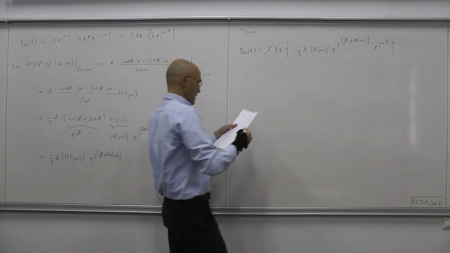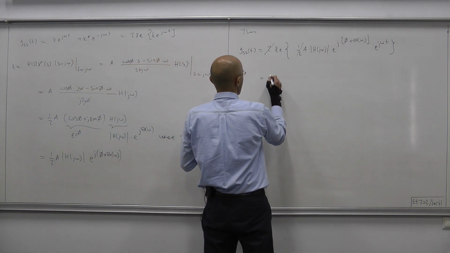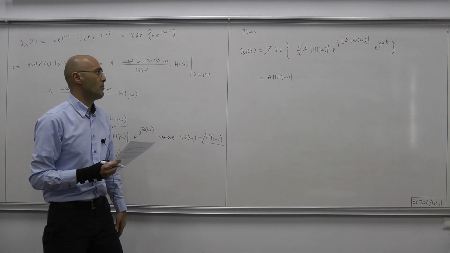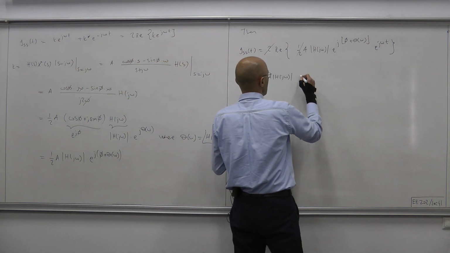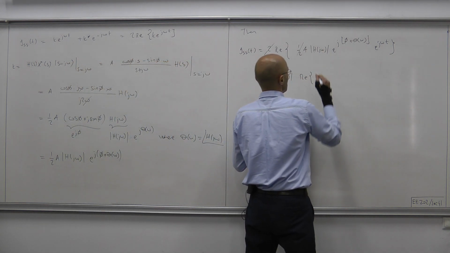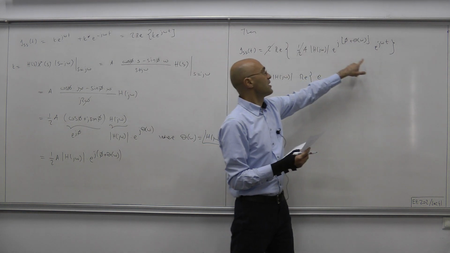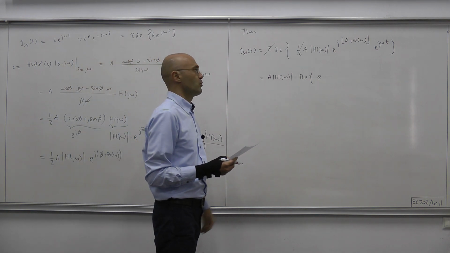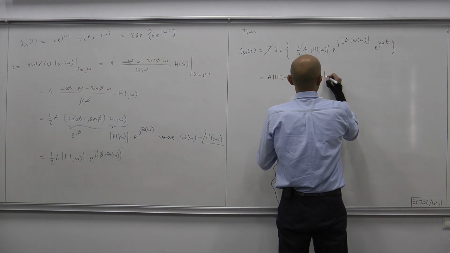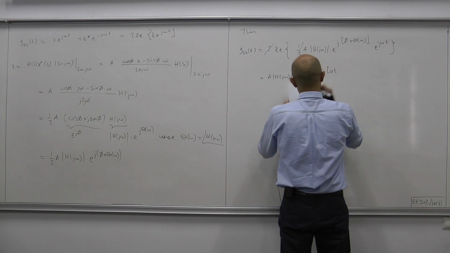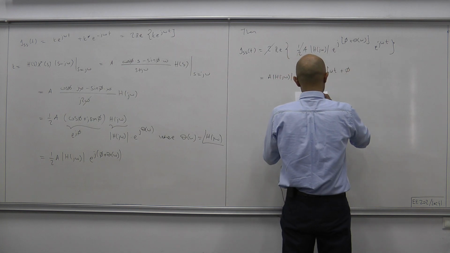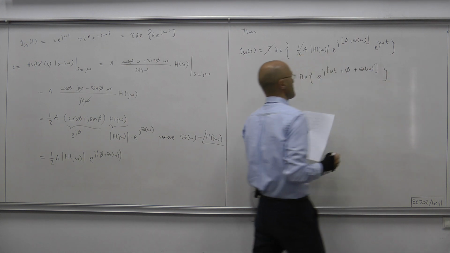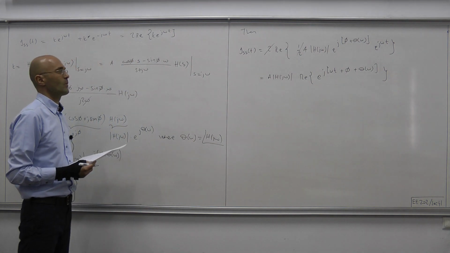This can be written as A times the magnitude of the transfer function at j omega times the real part of e to the j something, here we have e to the j omega t, and those can be written as a single exponential: e to the j (omega t plus phi plus theta of omega).